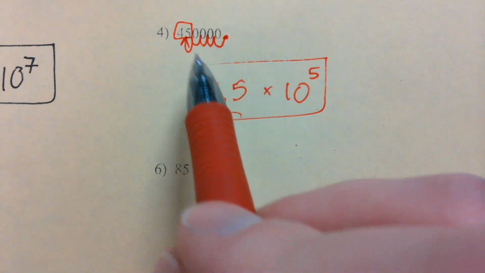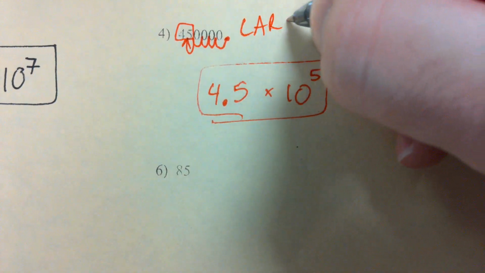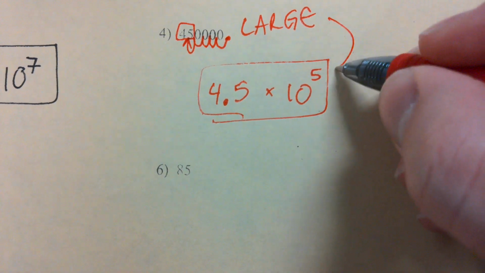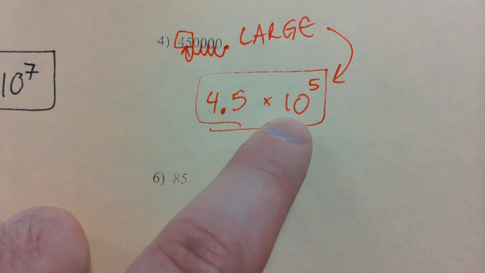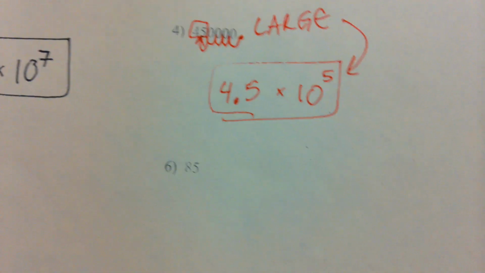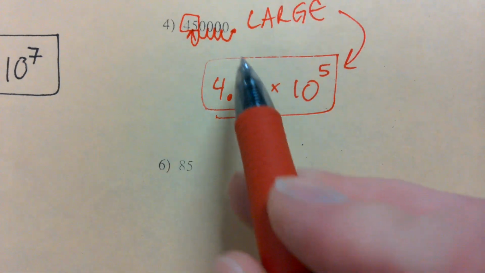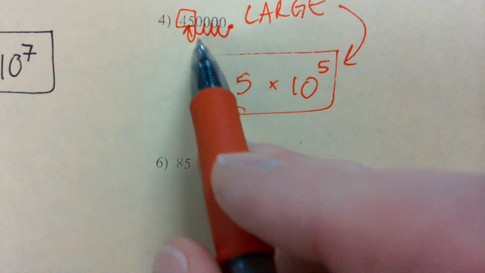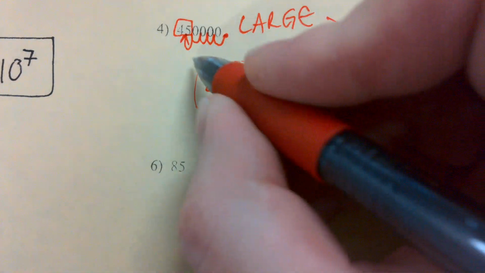What type of number is 450,000? Is that large or small? Large, right? Large numbers give us positive exponents. We count the number of little bubbles from space to space to space. That gives us our power of 5.